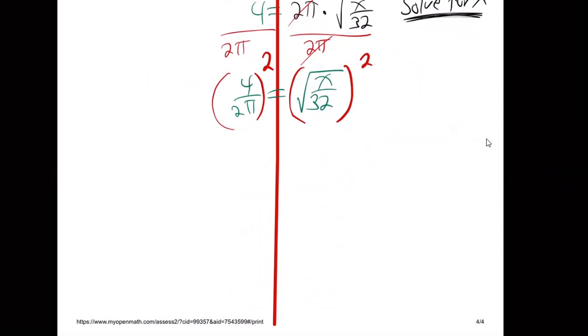The 2 power cancels the root. They're opposites. There's really an invisible 2 in there. That's why we say square root. Square means 2, like x squared. So what do you get? Just x over 32 is 4 over 2 pi squared.